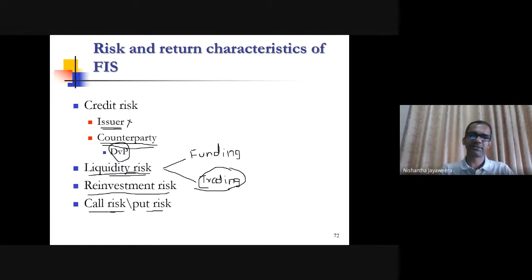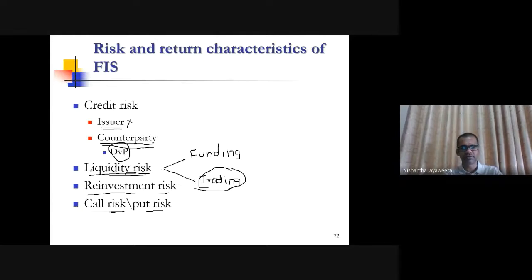Most of the time it will be at the market price or maybe at a lower price than that, because there's a call price and a call schedule, on which date the issuer can call it and at what price.